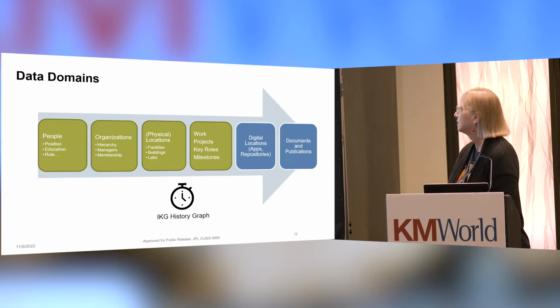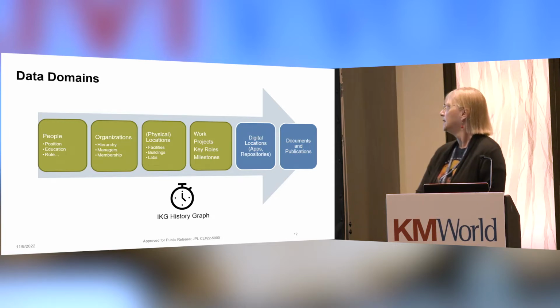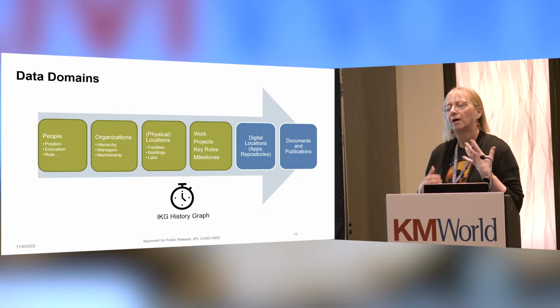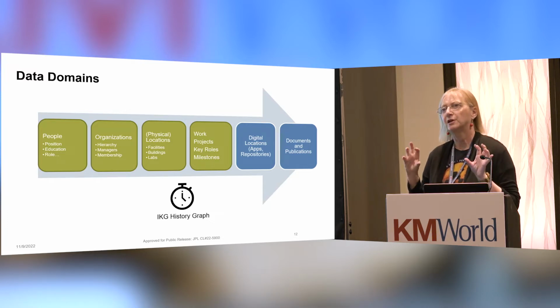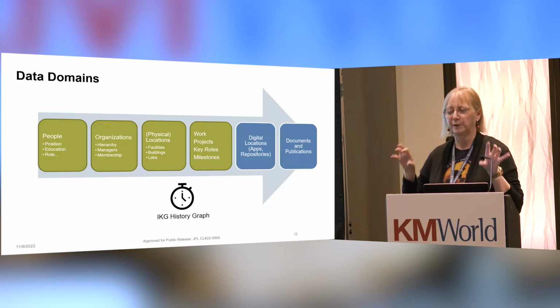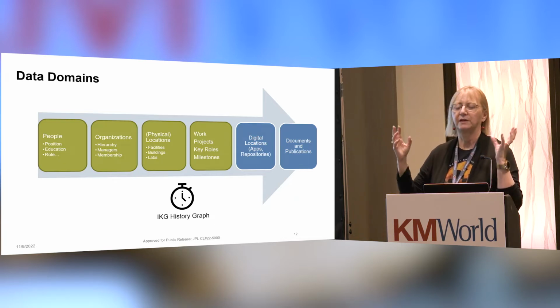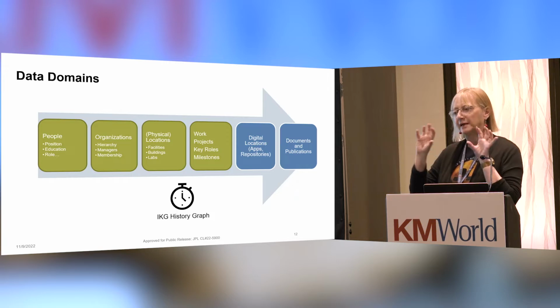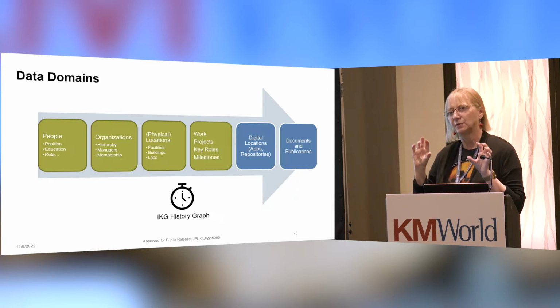And we just recently implemented something we call the IKG history graph. IKG itself is basically a snapshot of what's current. So here are all the people and their current positions and where they fit in the organization. But we want to capture those changes as well.